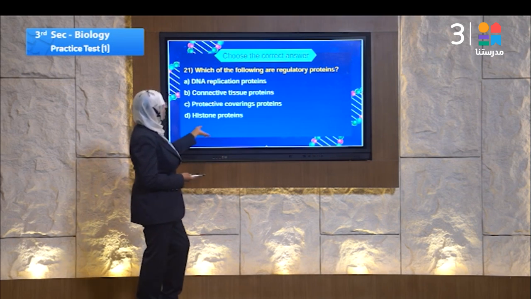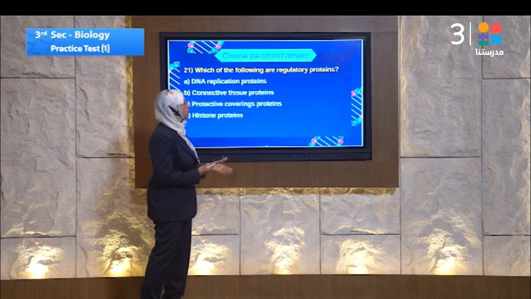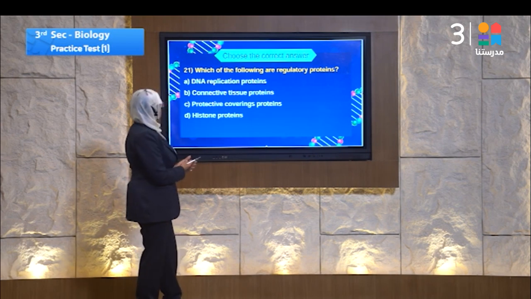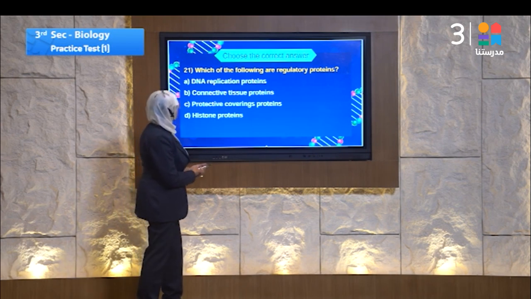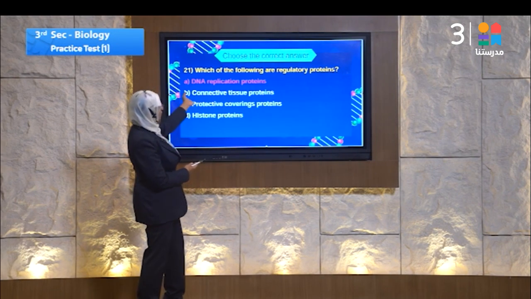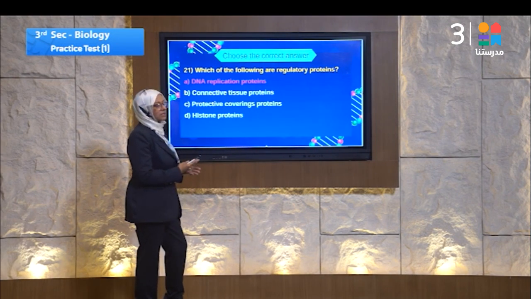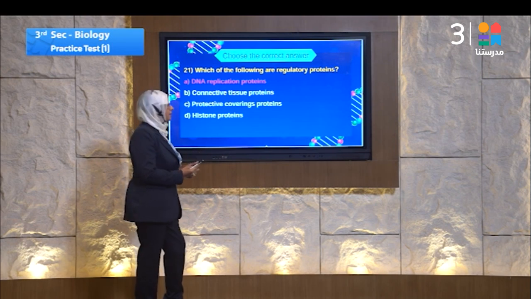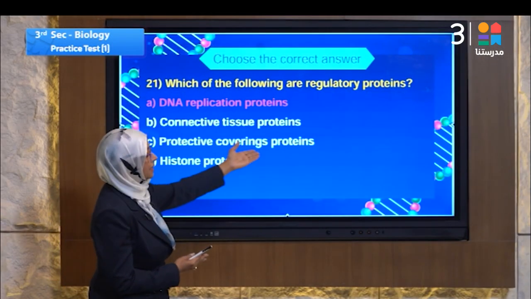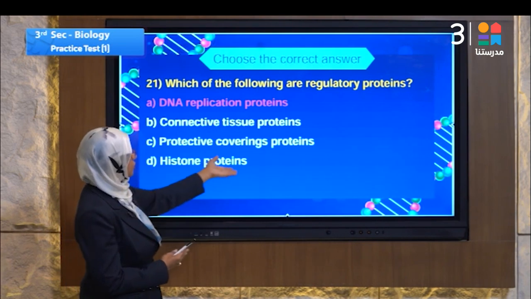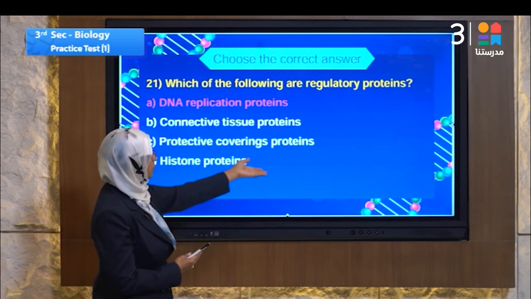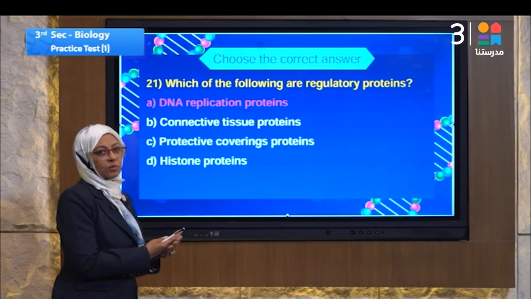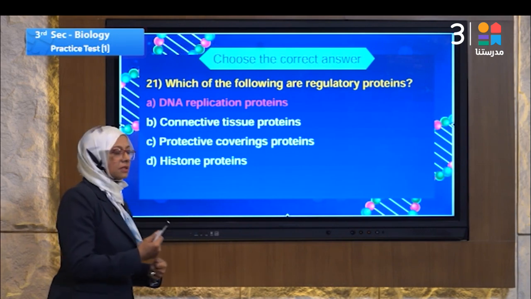Which of them regulate the function inside the cell? It must be replication protein. Replication protein is a regulatory protein because it controls the function of the cell. Connective tissue is a structural one. Protective converging protein is a structural one. Histone protein is a structural one, with the DNA coiled on it.